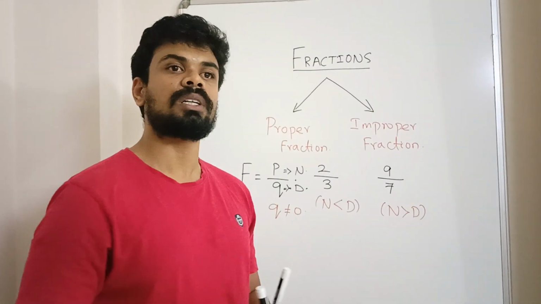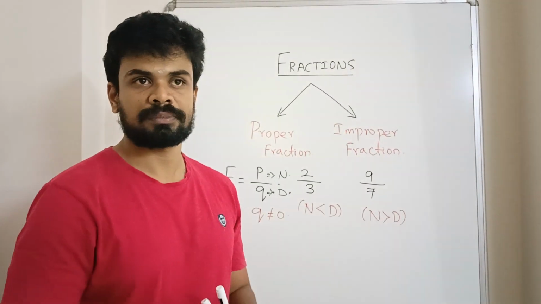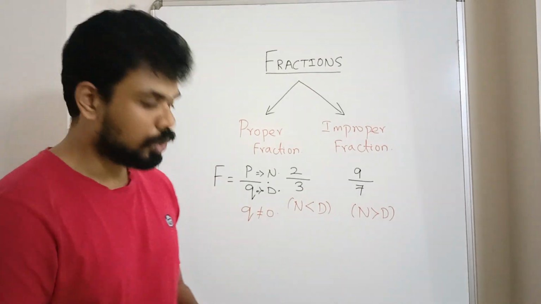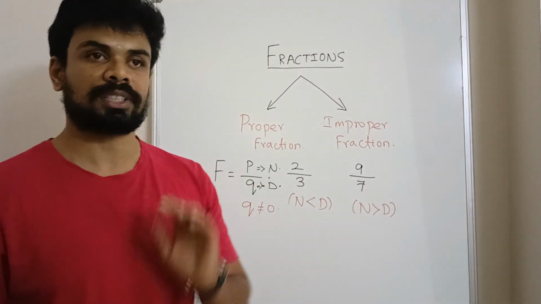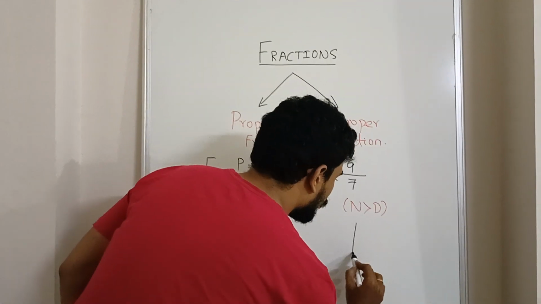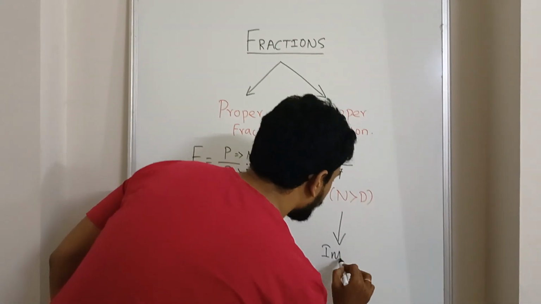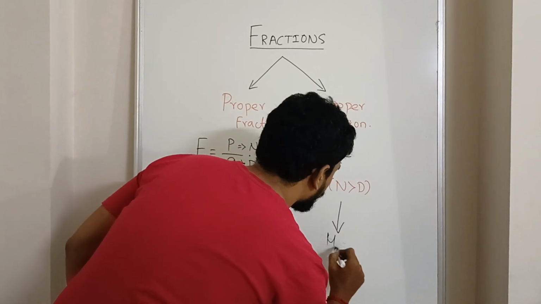We need to convert the improper fraction into some other format. In which format do we need to convert? We need to convert the improper fraction into a mixed fraction. So from this improper fraction, another fraction arises and it is termed a mixed fraction.